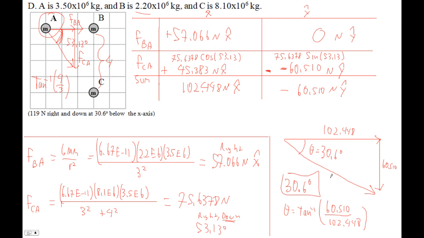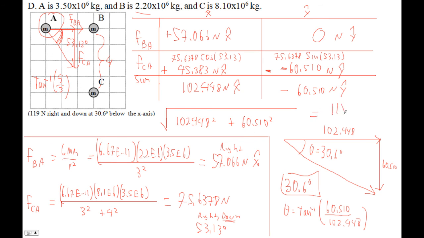Okay, and then the magnitude of course is going to be the square root of 102.448 squared plus 60.510 squared. Don't use the minus sign there, so I'm going to go square root of the 102 guy squared plus the 60 guy squared. 118.987, so 119.